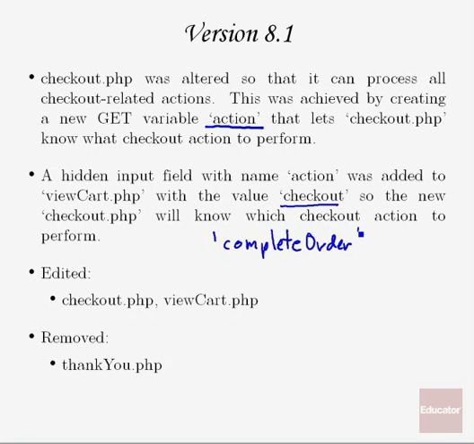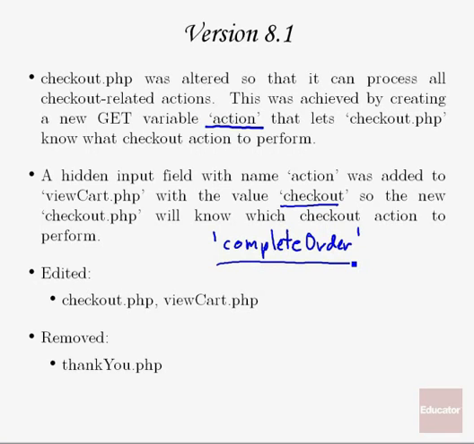Now it's going to forward it to itself. It's going to append to that form an action variable that says complete order, and then it's going to know to say, okay, now I'm processing a thank you message, and process the data accordingly and output a thank you message. Basically all we're doing is taking all that functionality out of the thankyou.php page, putting it in checkout.php.